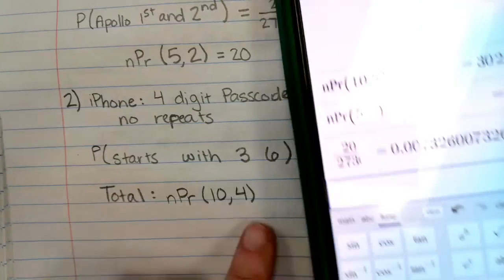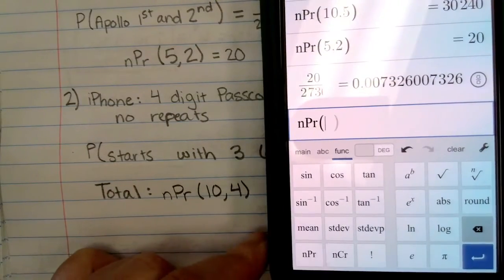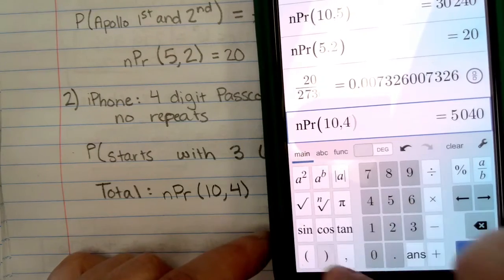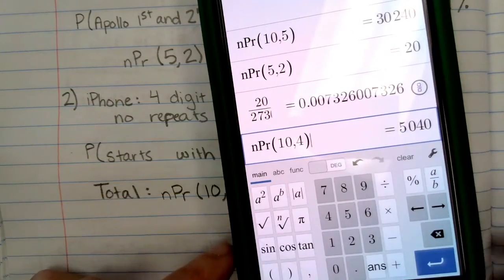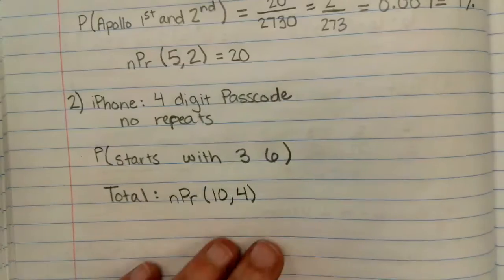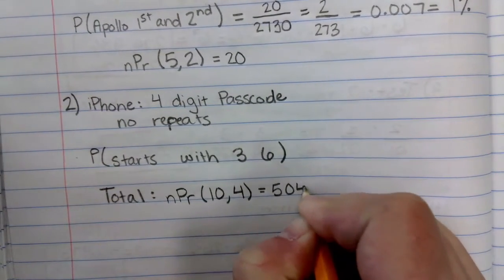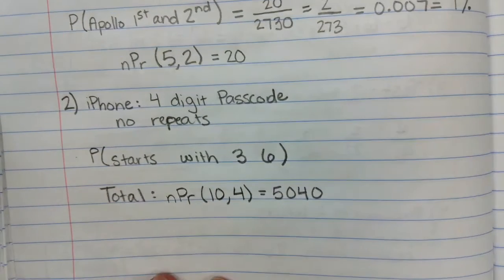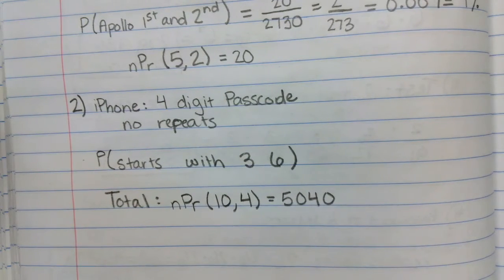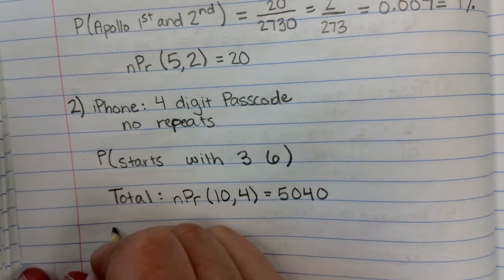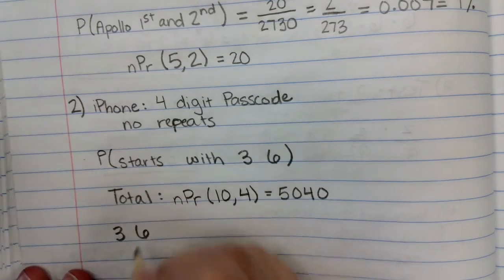All right, now I want to think how many passcodes would start with a 3, 6. So when I do my choosing, my permutation, NPR, I already picked a 3 and a 6. So how many digits are left over to pick from? I need 2 more to fill in the 4, right?